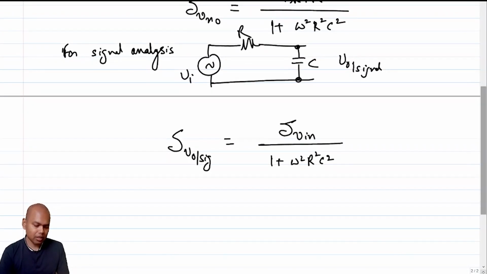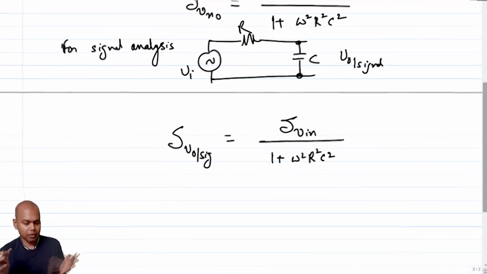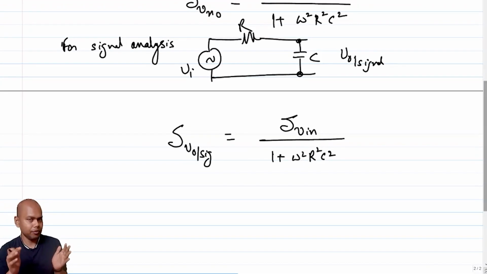Note that we are squaring it because ultimately it's a power spectral density. We are basically taking H of f and doing mod H of f whole square, right?